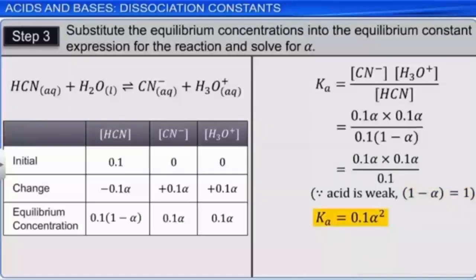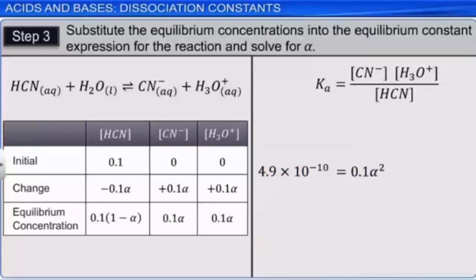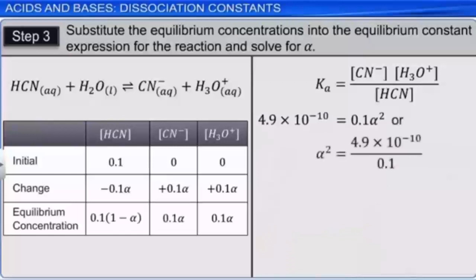As the value of Ka for hydrocyanic acid is given as 4.9 × 10^-10, we can write 4.9 × 10^-10 is equal to 0.1 alpha squared. Now, this can be written as alpha squared is equal to 4.9 × 10^-10 divided by 0.1. This becomes equal to 49 × 10^-10.